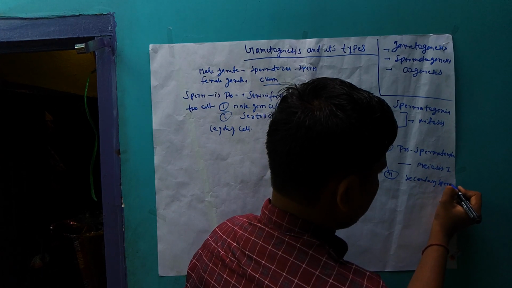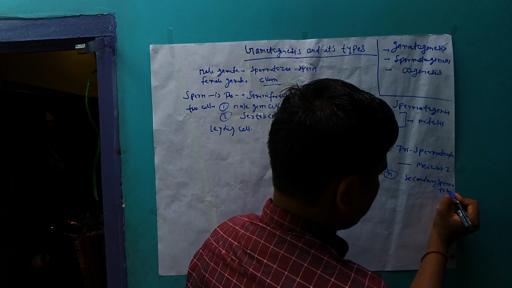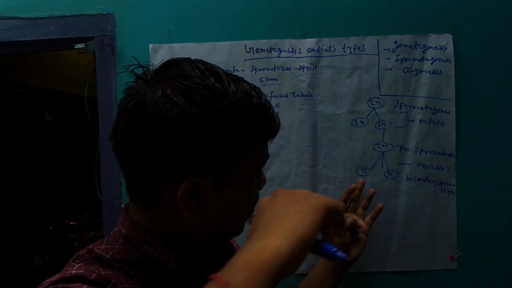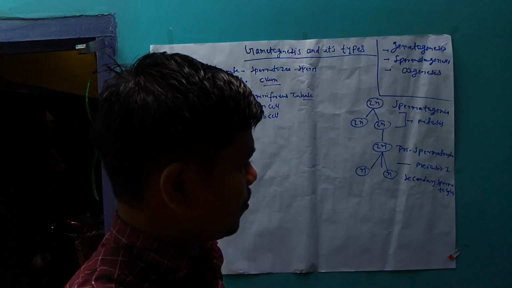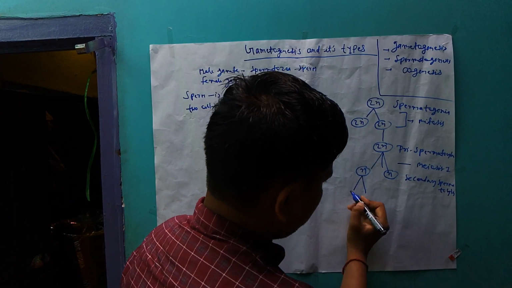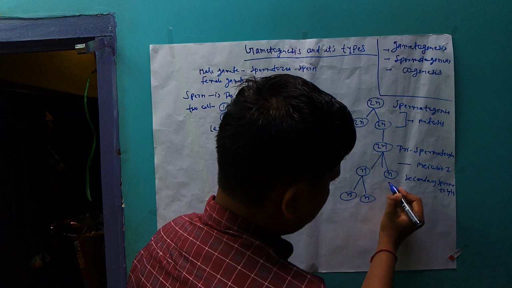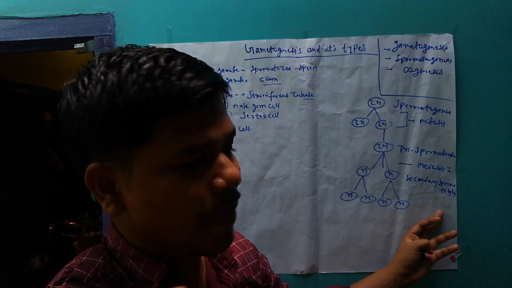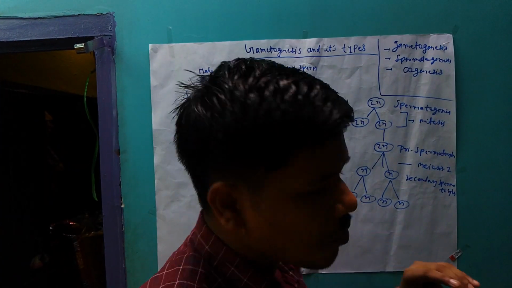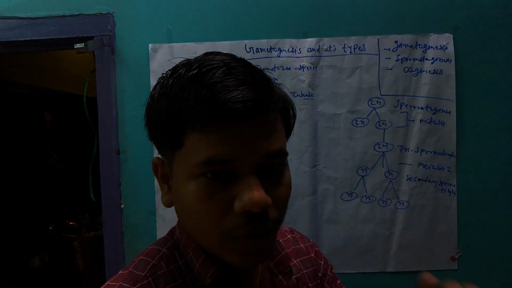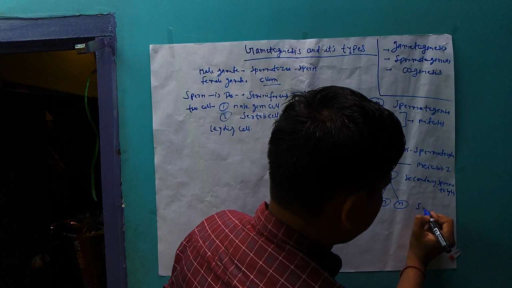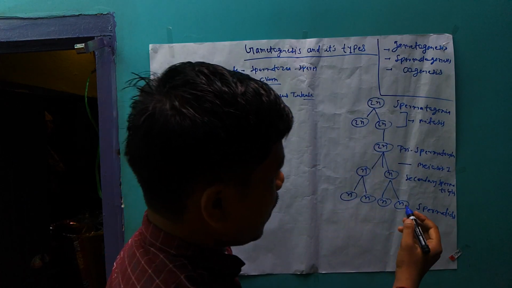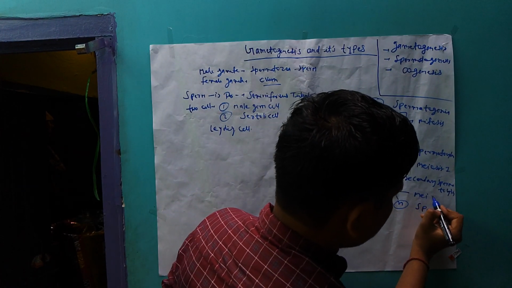This is called secondary spermatocytes. Now this haploid cell also undergoes division. This is called spermatids, and a total of 4 spermatids are formed from one spermatogonia. Here meiosis 2 occurs.